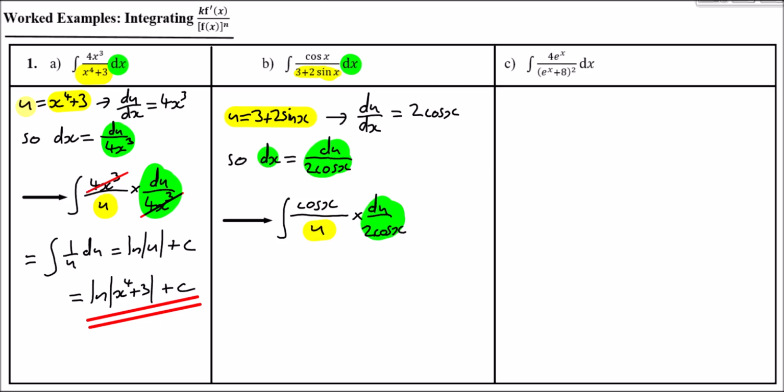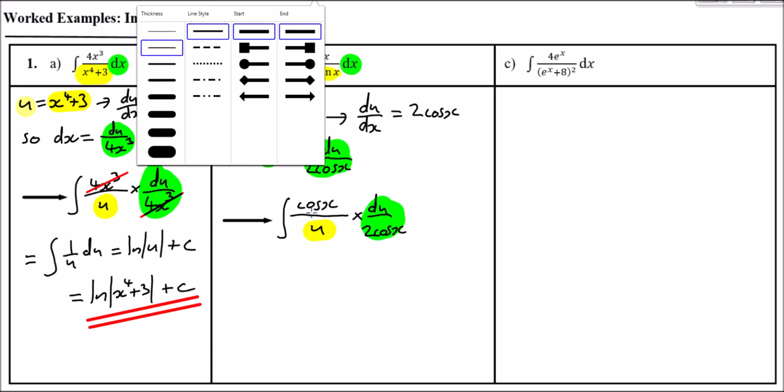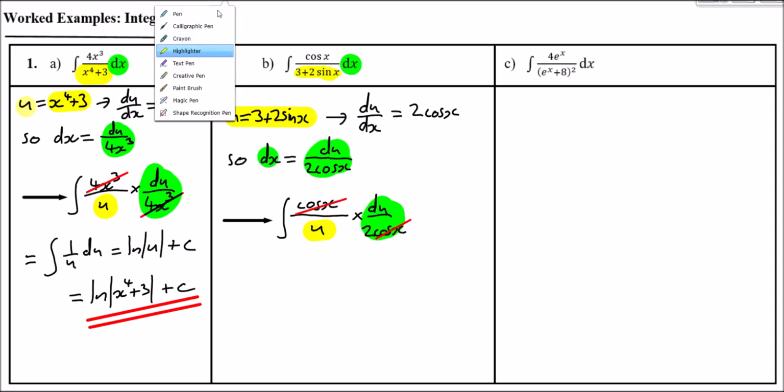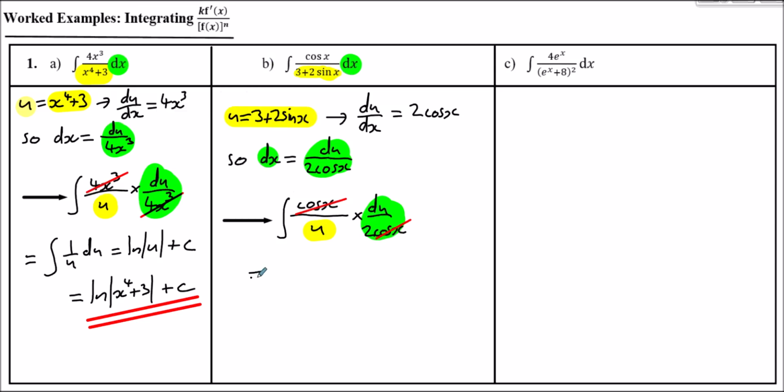As you can see now, hopefully again, we'll have some nice cancellations. Cos x on top, cos x on the bottom. Be careful not to cancel that 2. This will now give us a much easier integral to solve. We've got a 2 on the bottom, which gives us a half integral, once again, of 1 over u with respect to u.